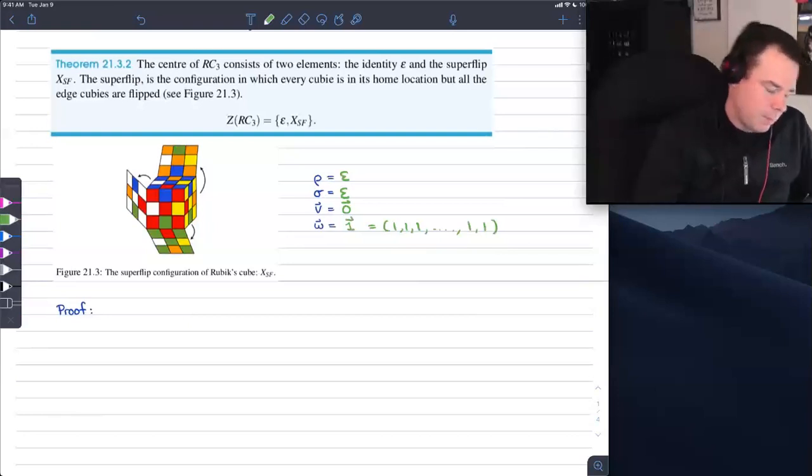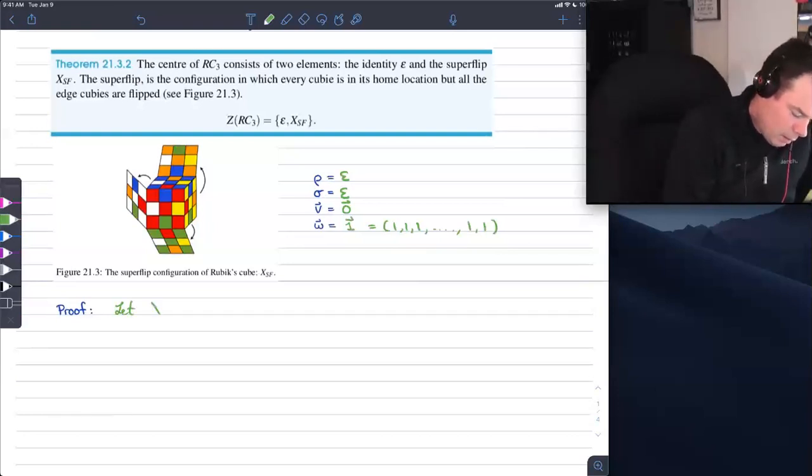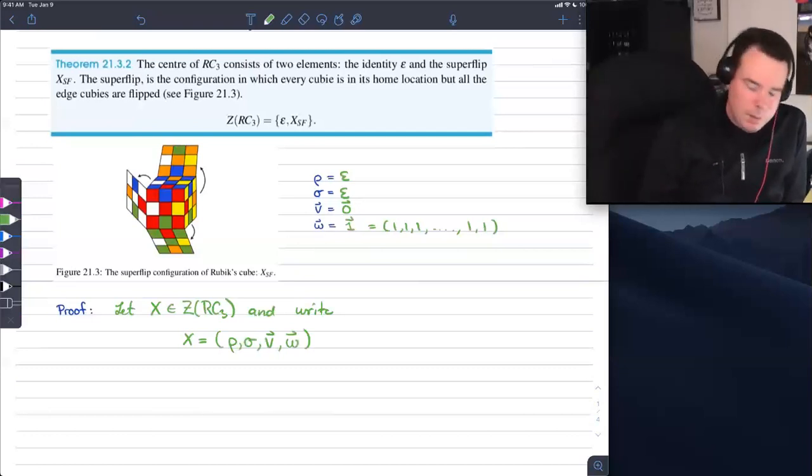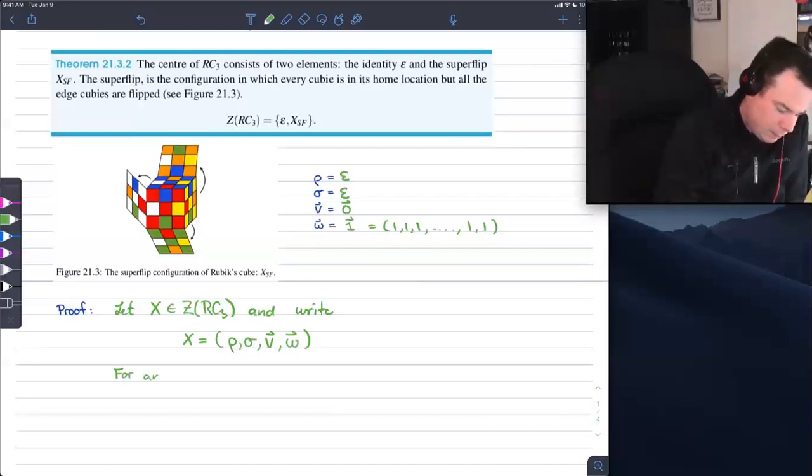Okay, so how are we going to do this? We are going to let X be an element of the center of RC3, and we will write it as X equals rho, sigma, V, and W. Because it's in the center, what this means is for any Y, which is rho star, sigma star, V star, and W star, we have that XY is equal to YX.